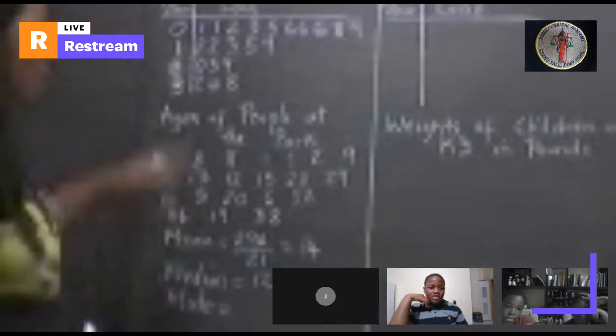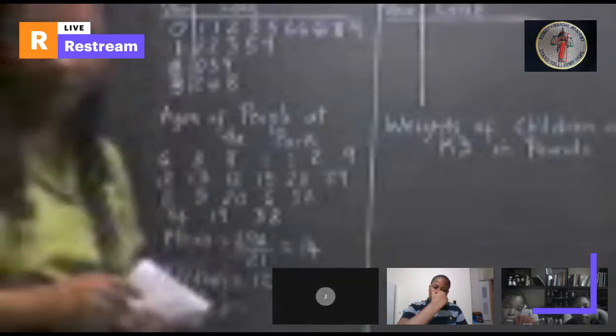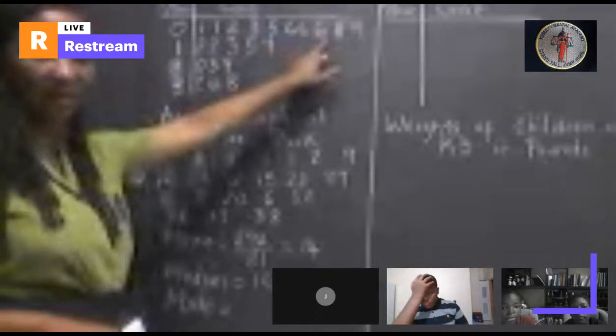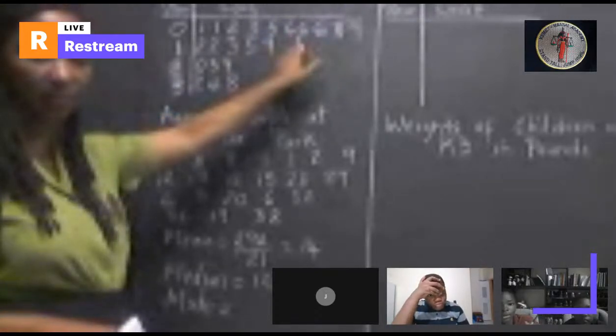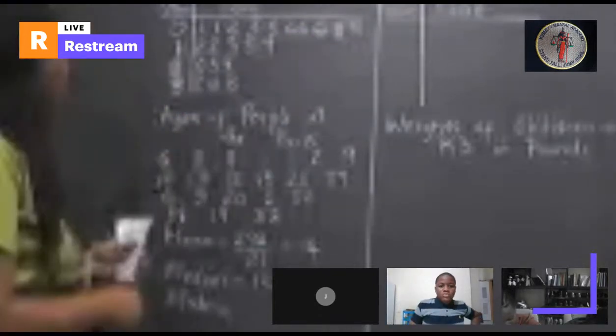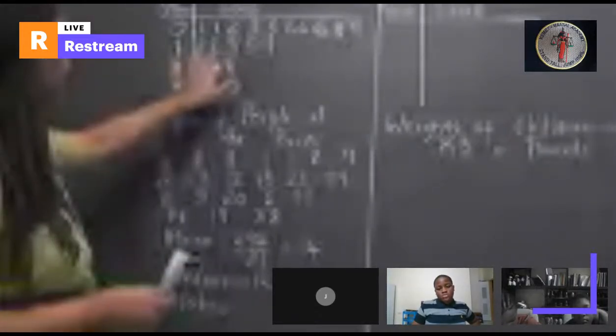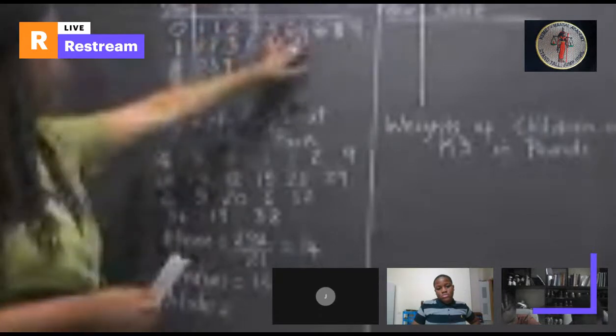Yes, Miss, your screen is blurry. Okay, I'm sorry about that. So we have 3 6s. It's 3 of them. And we have 2 12s, 2 1s, but 3 6s. 6 is the mode.